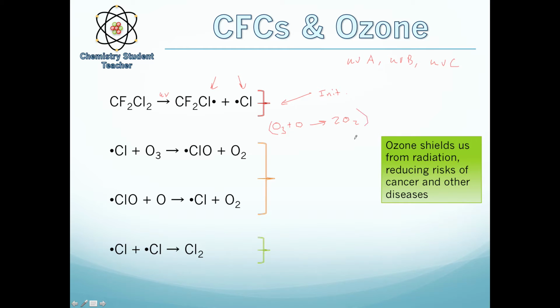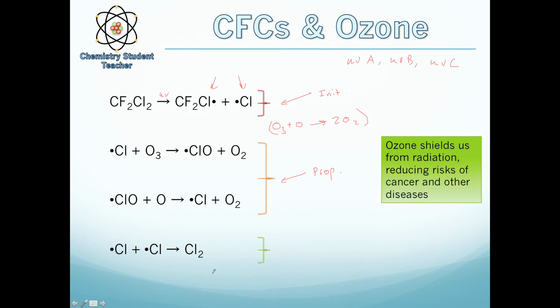As you can see, that's basically the destruction of ozone, which is very, very bad for human beings. And this process is the propagation step, because the radicals are reacting with molecules to form a product and more radicals. Now this will continue to happen indefinitely until all the radicals are used up.